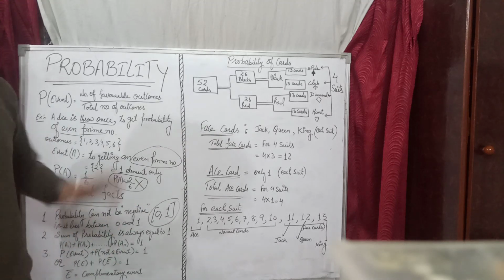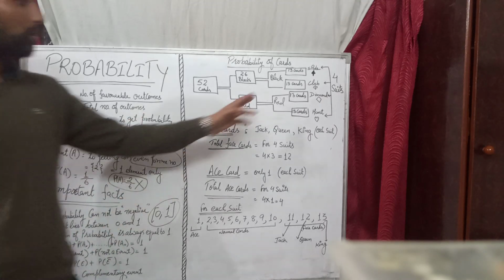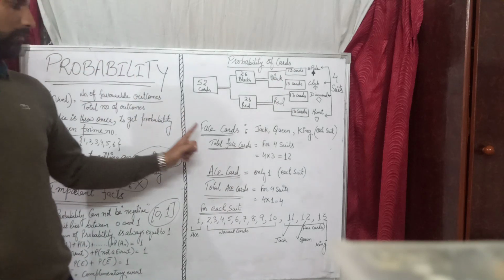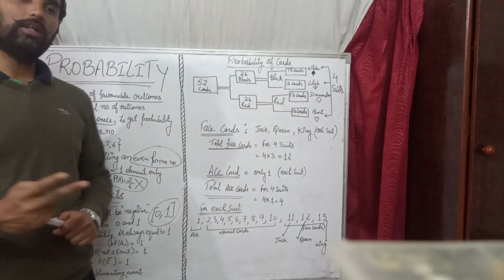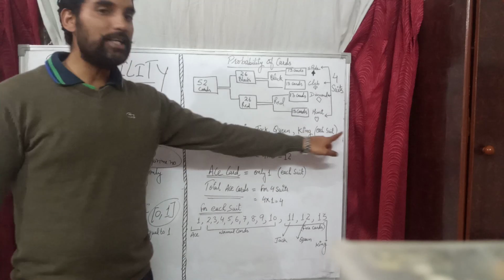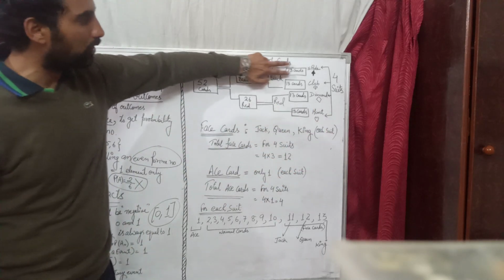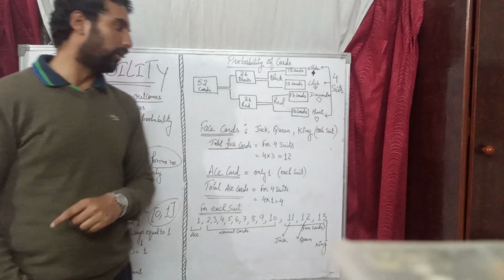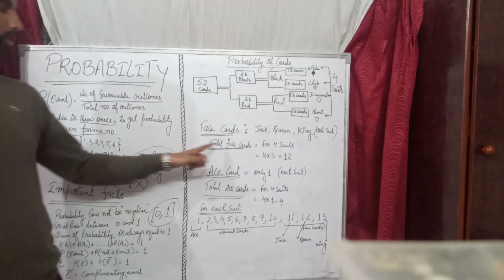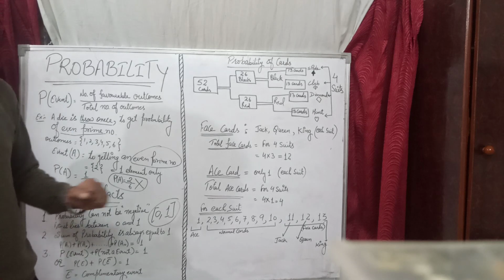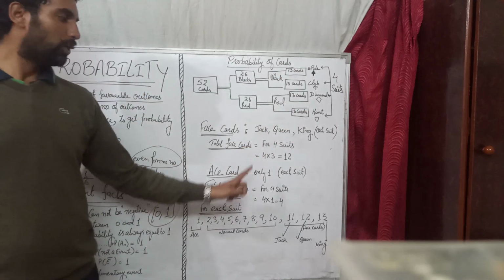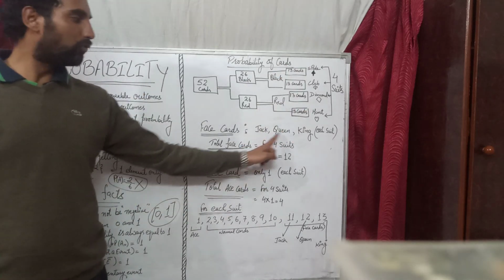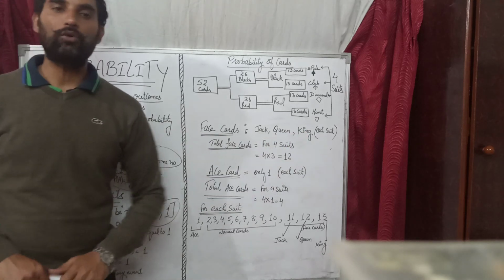Face cards. In this we also have face cards, from 1 to 13. The face cards are jack, queen and king. For each suit, meaning for the 13 cards, we have one jack, one queen and one king, the face cards. And we have a total of 4 suits, so 4 multiplied by 3 face cards, that is 12 total face cards.